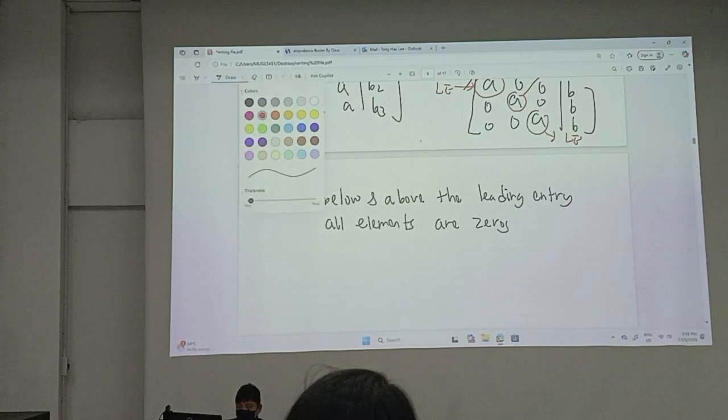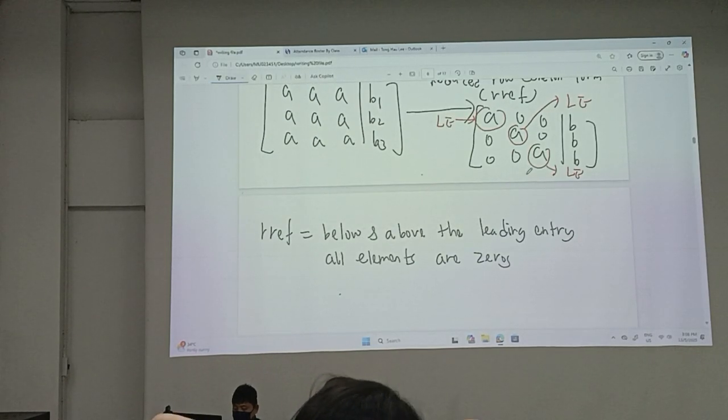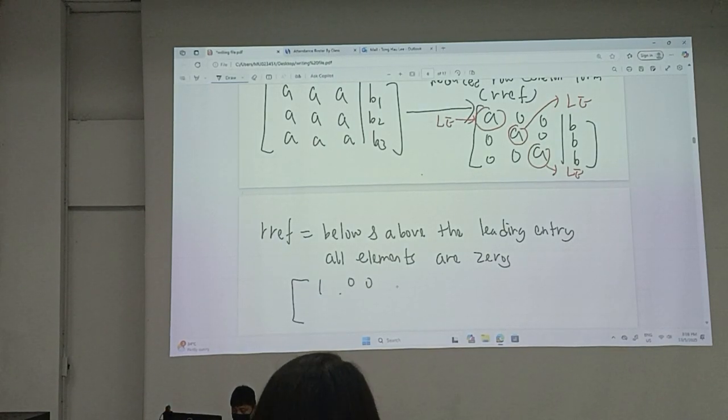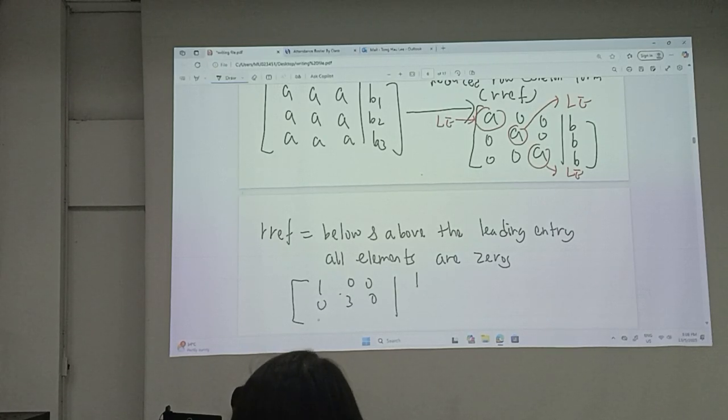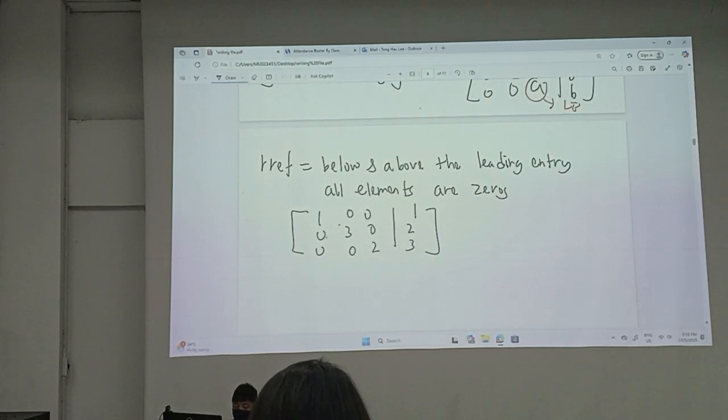So let's go through one example. Okay, simple one. Do you think this is a reduced row echelon form?